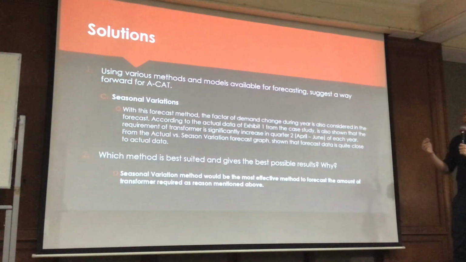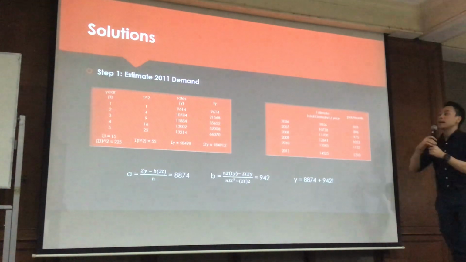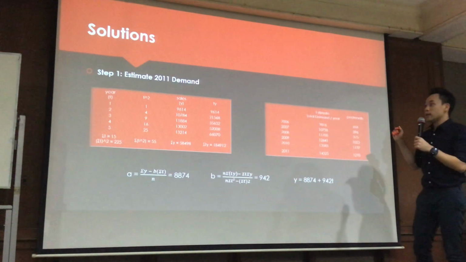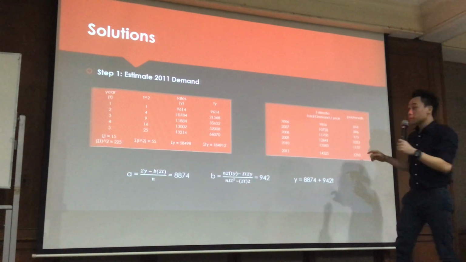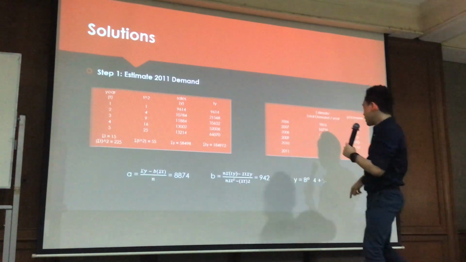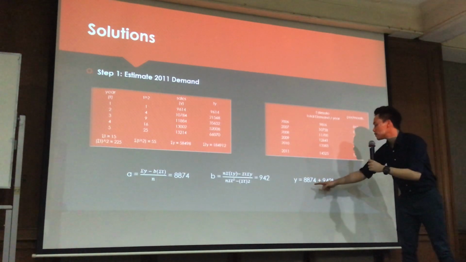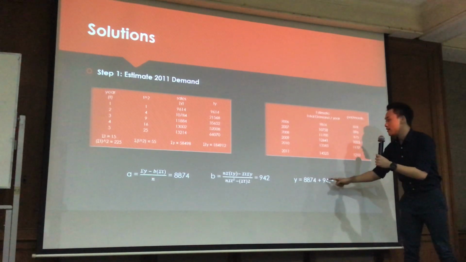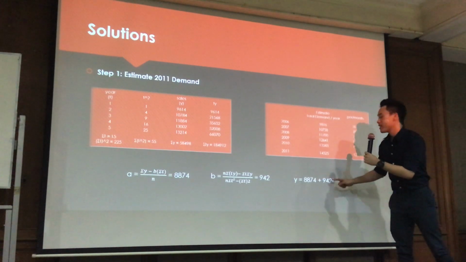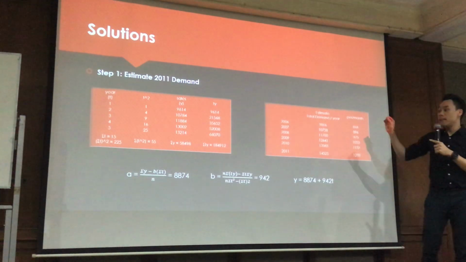The first step is to estimate the 2011 demand by using the linear line equation, y equal a plus b times t. This is used to find the equation of the 2011 demand.